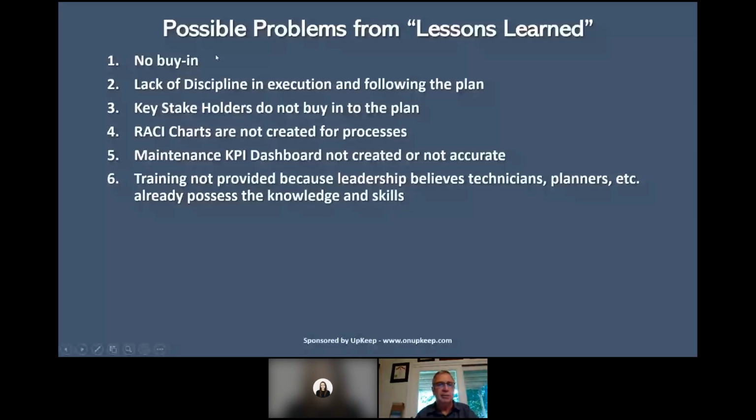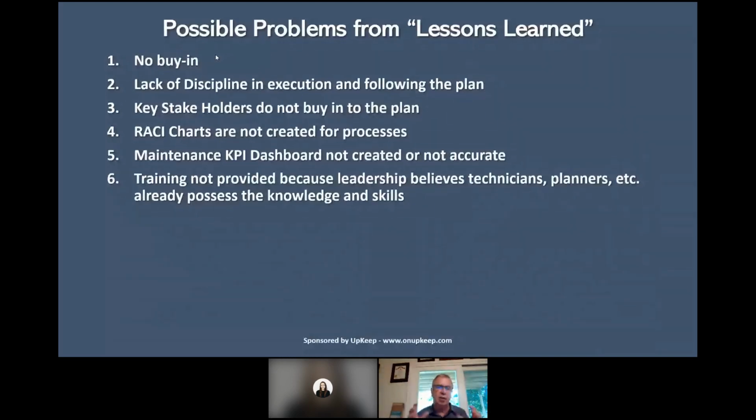Possible problems with lessons learned: no buy-in, and a lack of discipline and execution in your plan. If you create a plan to move from current state to future state, you could have lack of discipline and execution. Key stakeholders don't buy into the plan, even though you've done the assessment with them. And then RACI charts, roles and responsibilities.